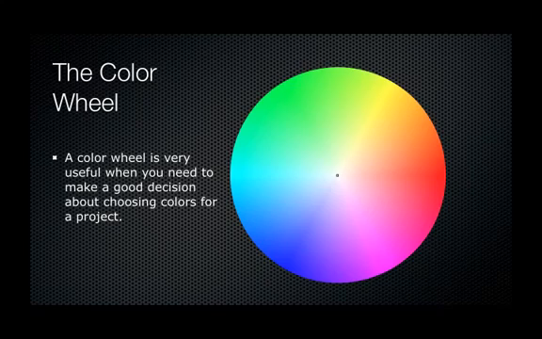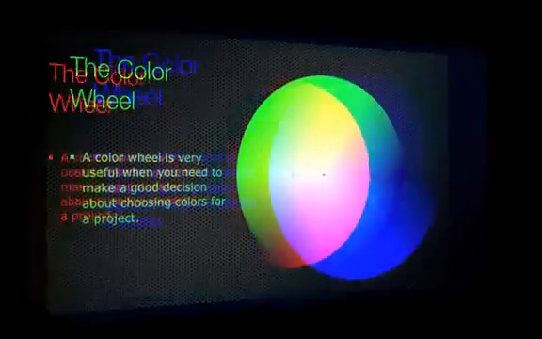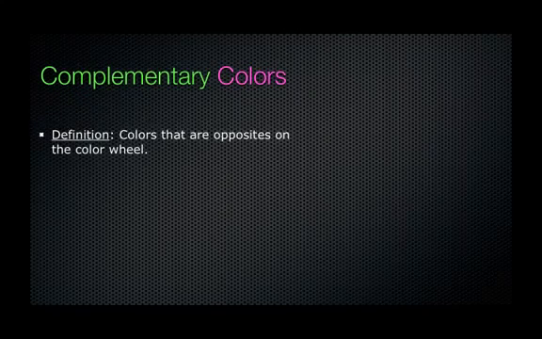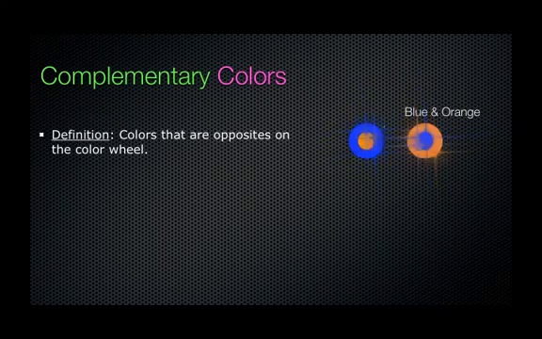Well, there's two basic elements of color theory. The first one is called complementary colors. Complementary colors are found on opposite ends of the color wheel. So let's take a look at some kind of popular complementary colors. Blue and orange found on opposite ends of the color wheel.